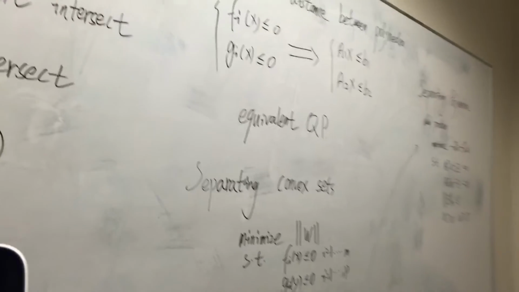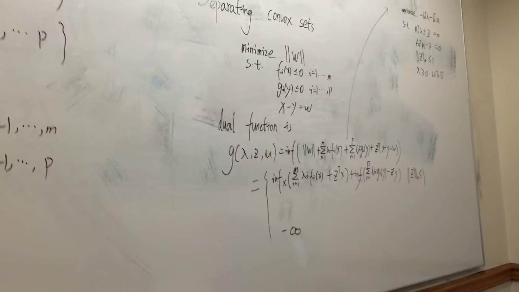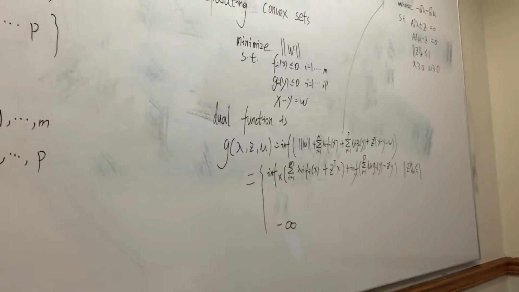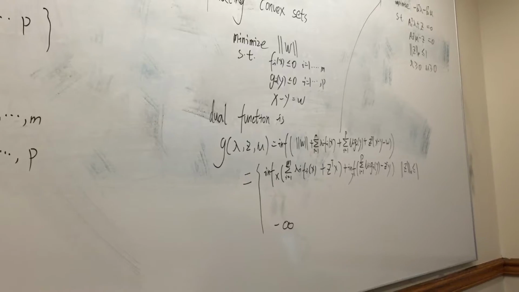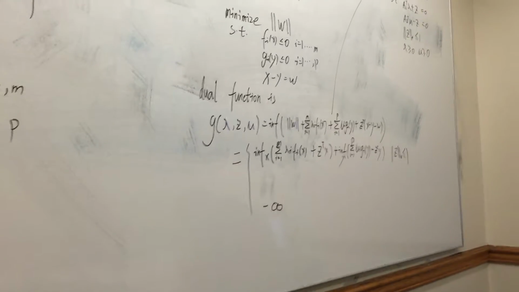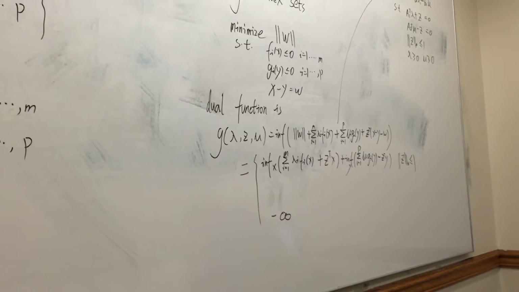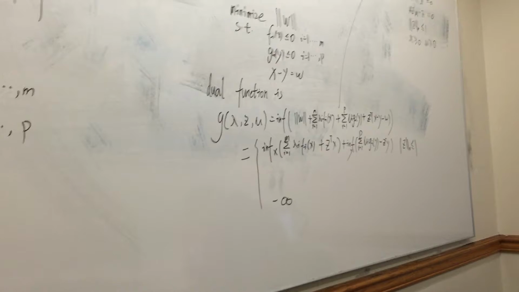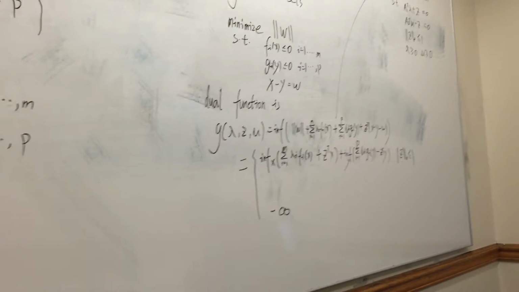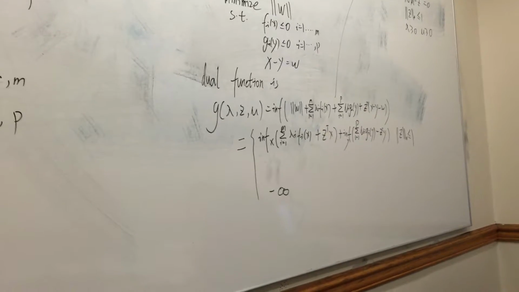Next we are going to talk about separating convex sets. The dual of the problem to find the distance between two convex sets has an interesting geometric interpretation in terms of separating hyperplanes between the sets. We first express the problem in the following equivalent form.